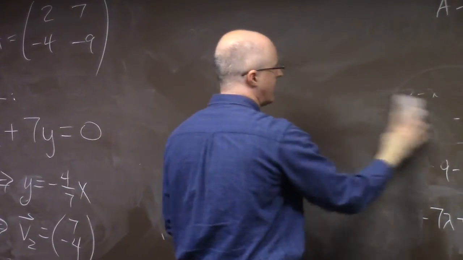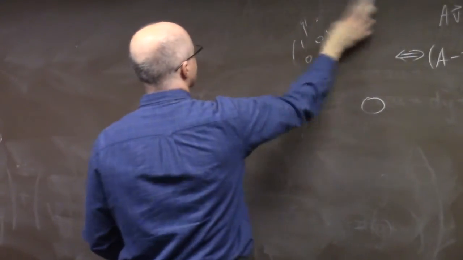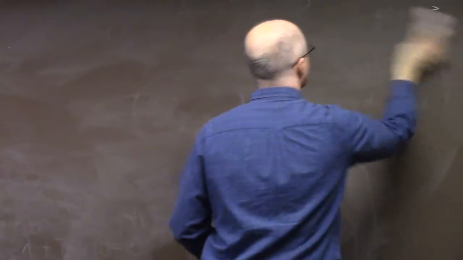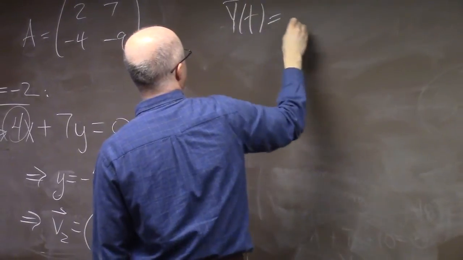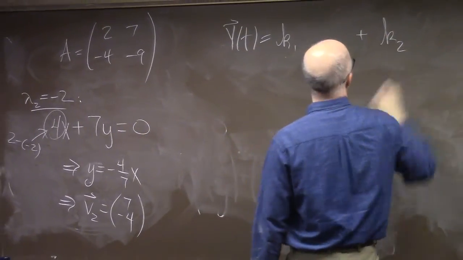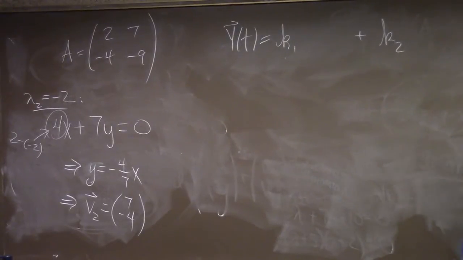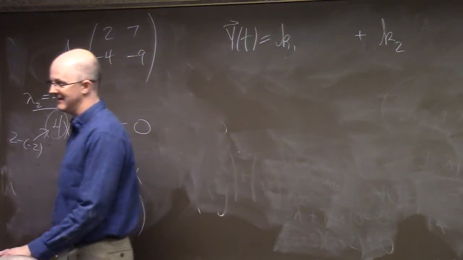This now allows you to write the general solution as a linear combination of particular solutions. What are those particular solutions? It shouldn't be a surprise that it involves e.